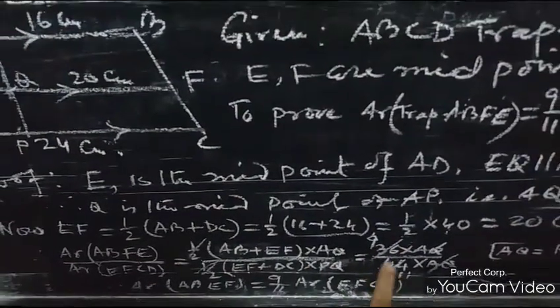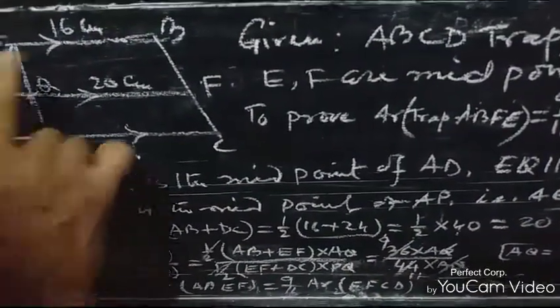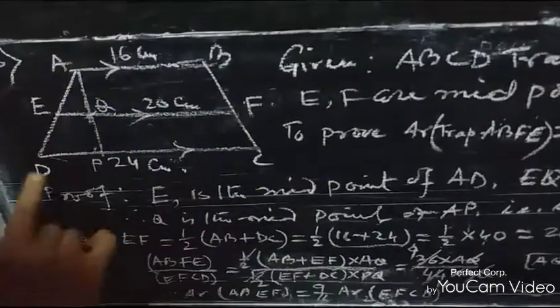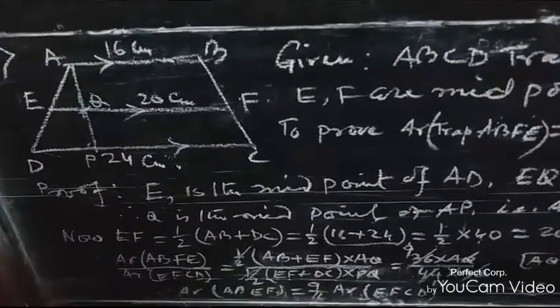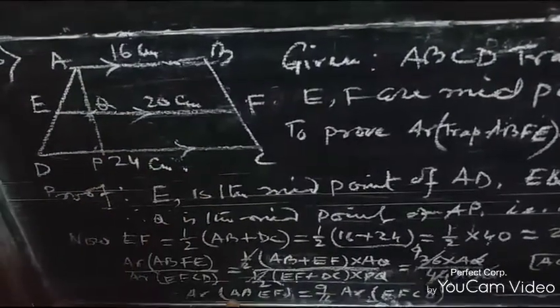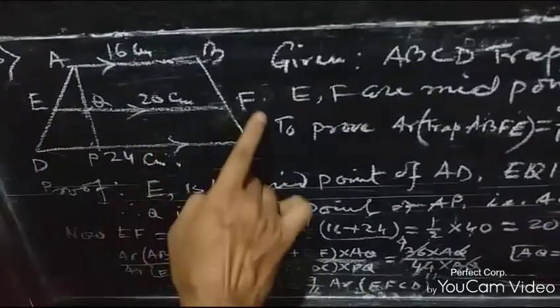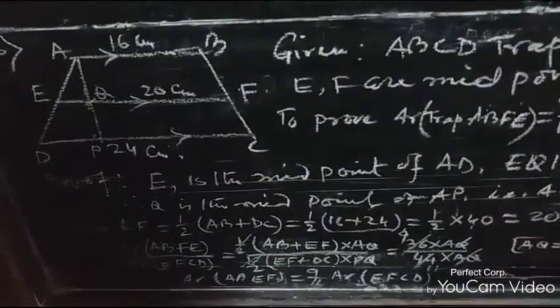So the area of ABFE divided by area of EFCD equals 9 by 11. Then we can tell that the area of ABFE is 9 by 11 into the area of EFCD. This is the required proof.